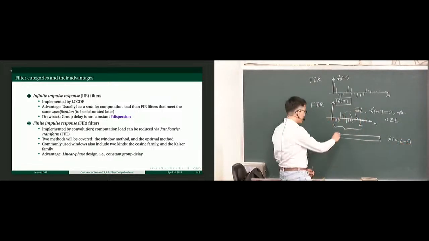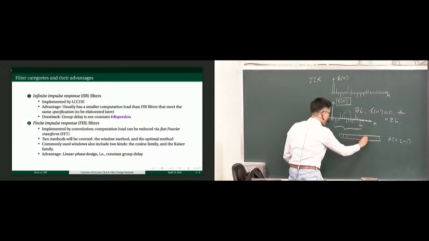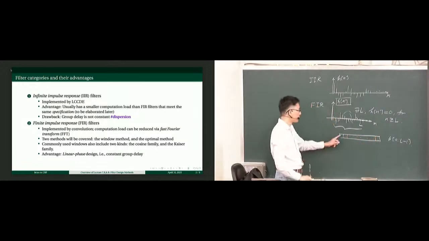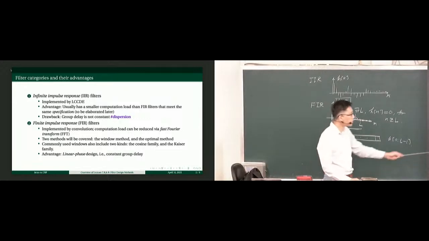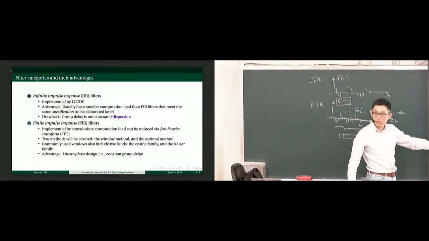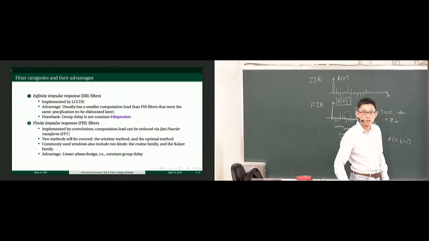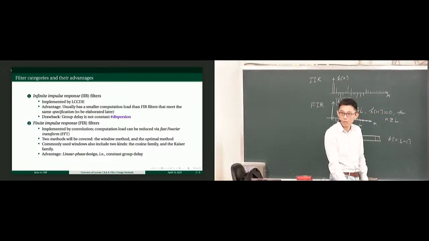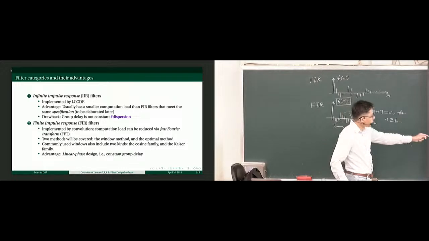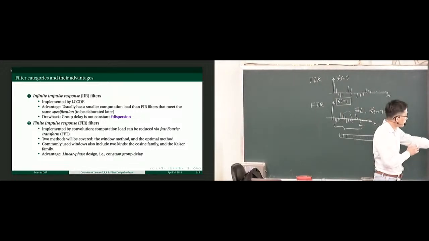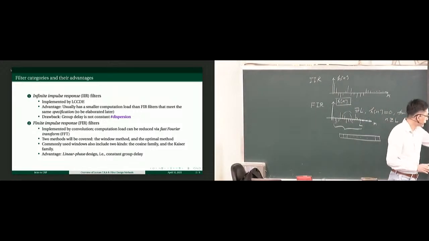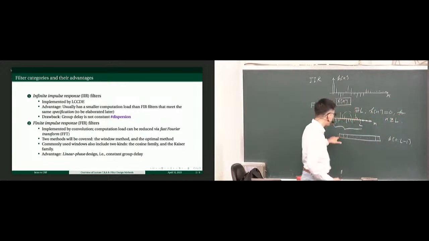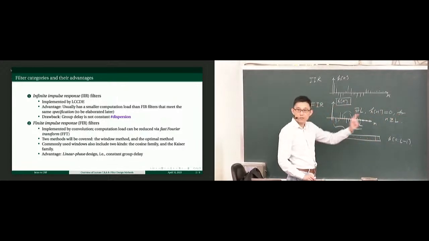You store your filter samples in one array, and then convolve this array with your signal. So an FIR filter is implemented through convolution, because filtering is convolution in time and multiplication in the frequency domain.